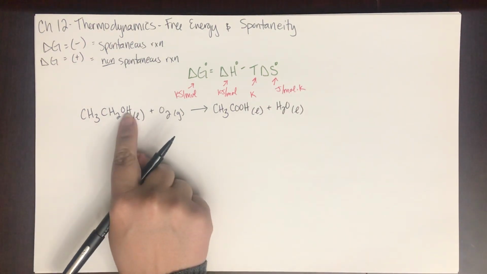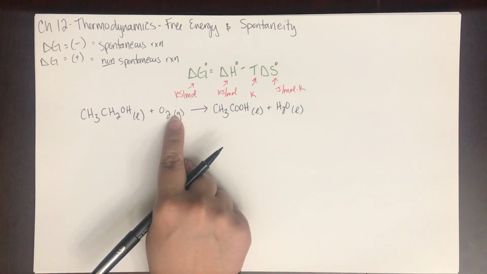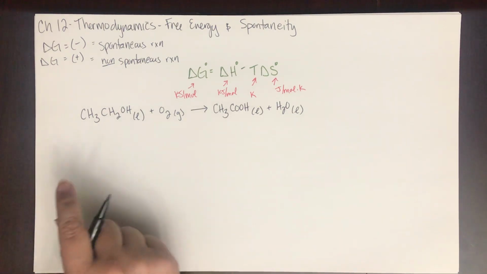So here is ethyl alcohol, here is acetic acid, the oxidation of ethyl alcohol to acetic acid and water.